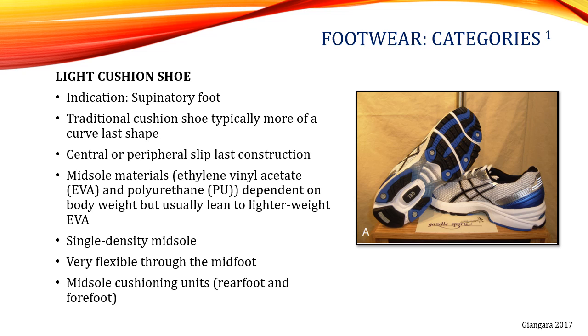The traditional cushioned shoe has a more curved shape to it, with central or peripheral slip last construction. The midsole is made of EVA and PU, depending on the body weight, but usually leans toward lightweight EVA. It has a slightly denser midsole and is very flexible through the midfoot. You can see the example of the Adidas shown there.